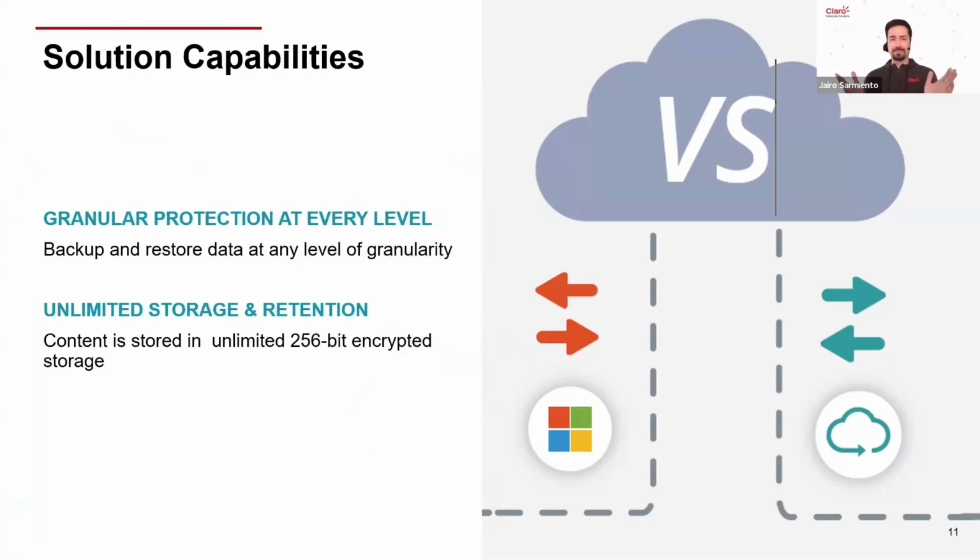The solution is going to enable us to back up and restore the data within the different workloads in M365, and it's going to help us back up the data in a very granular way. Instead of restoring an entire folder, let's say, or a SharePoint site or a whole drive, we have the ability to restore, say, Teams channels, the conversations on those channels, messages, the different tabs, the files, the permissions for those files as well, and any settings that you have there.